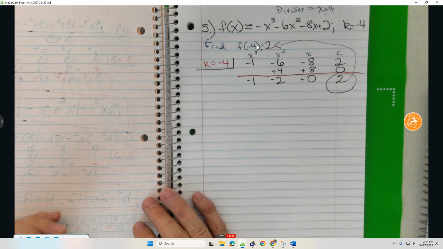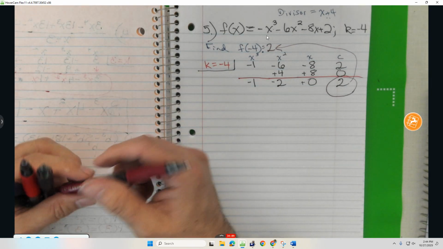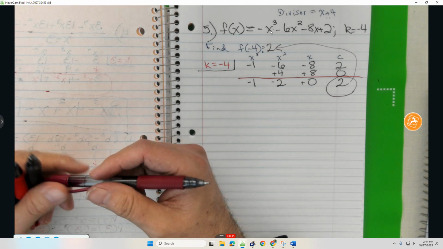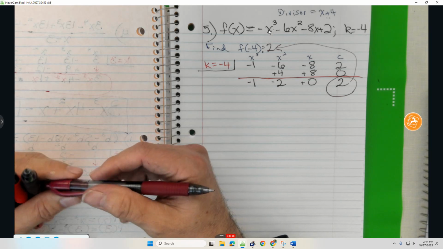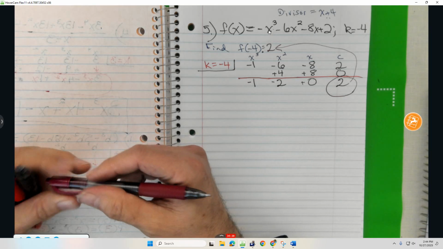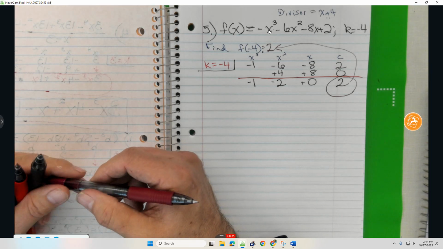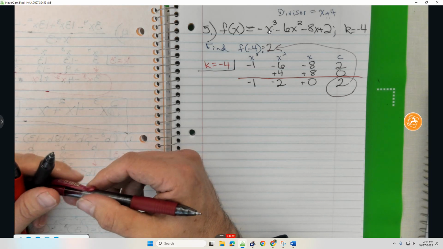Now, stop for a moment and ask yourself, how easy would it be to plug negative 4 in for x without a calculator? You'd have to cube it. Negative 4 times negative 4 is positive 16. Positive 16 times a negative 4 is a negative 64. We have a minus negative, so that's a positive 64.